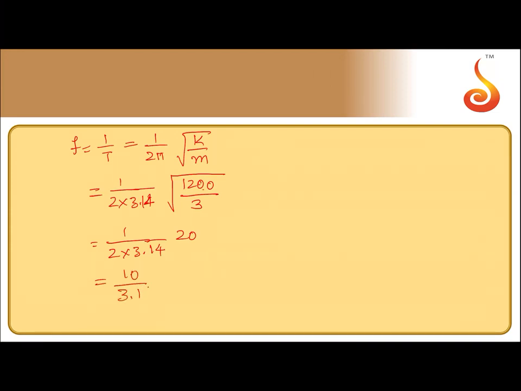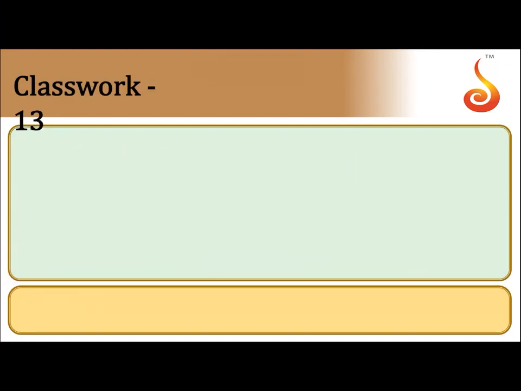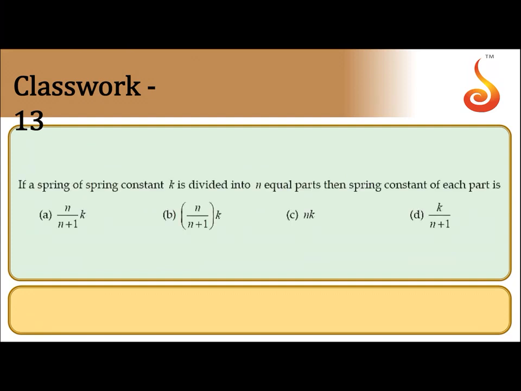So that is 10 by 3.14. 10 by 3.14 is 3.18 hertz or per second. So roughly it is 3.2 per second. So that is option B. Yes, we shall move on to next one.